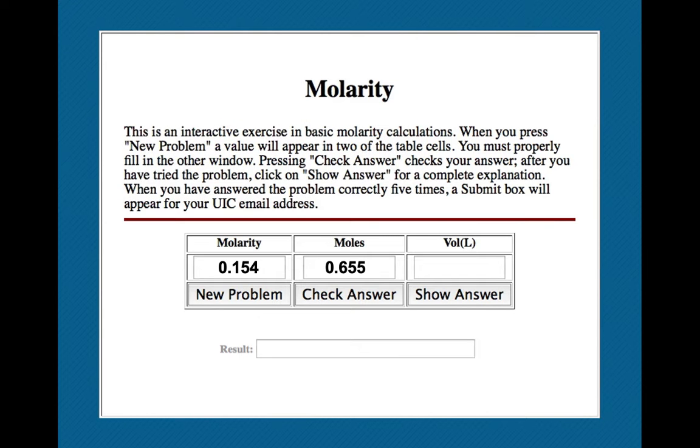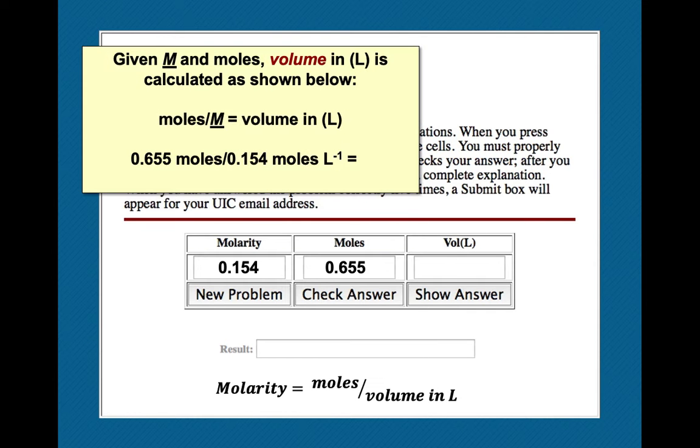Again, molarity is moles divided by volume, which means that volume is going to be moles divided by molarity. Moles divided by molarity gives volume. Here's our moles. Here's our molarity.